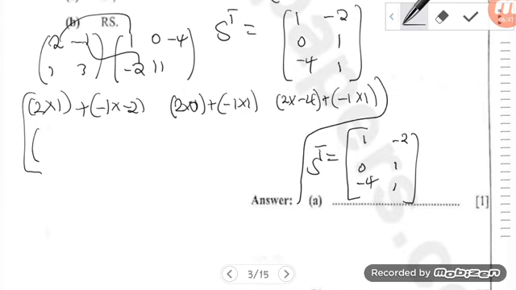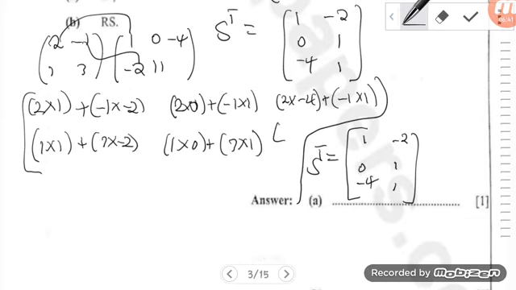Then you go to the down row, 1 times 1, so 1 times 1 plus 3 times negative 2, 1 times 0 plus 3 times 1, and you leave space there, 1 times negative 4 plus 3 times 1. Hence we are saying 2 times 1 is 2. Or negative 1 times negative 2 is positive 2. Then 2 times 0 is 0 minus 1. That is negative 8 minus 1.